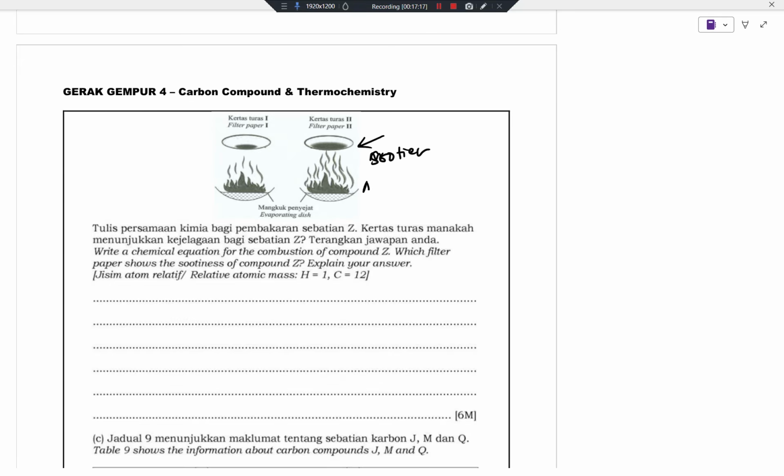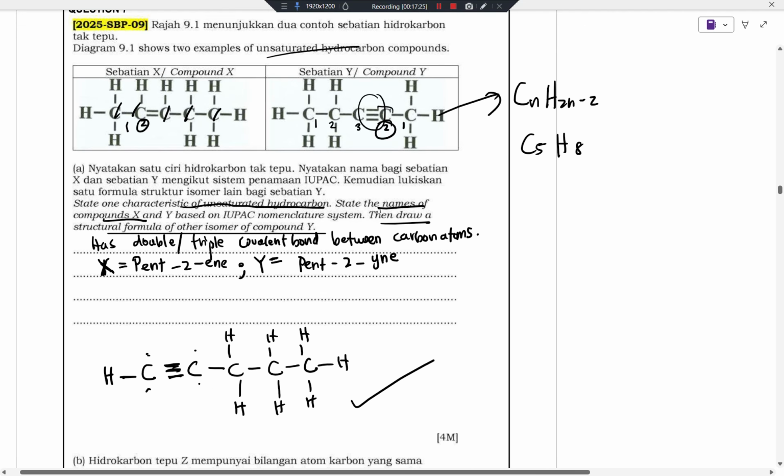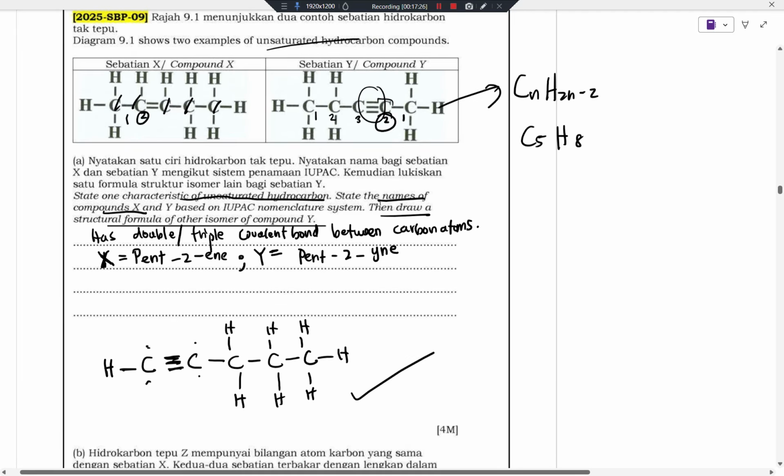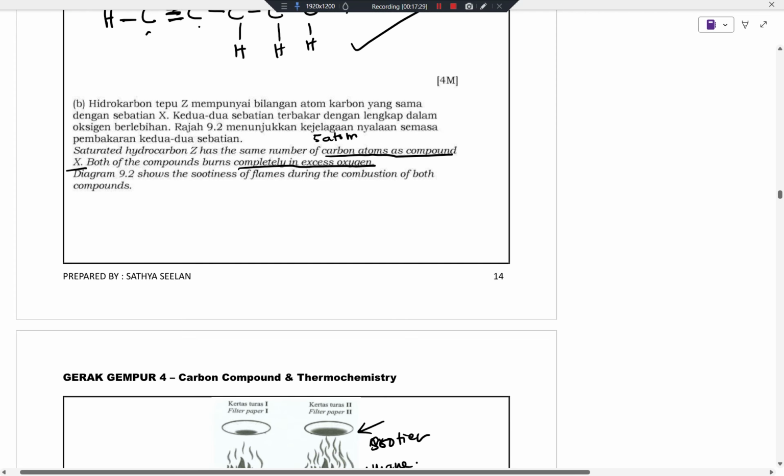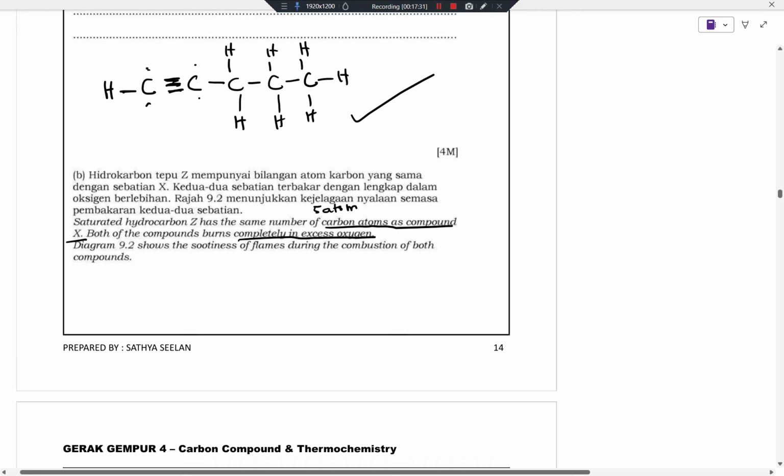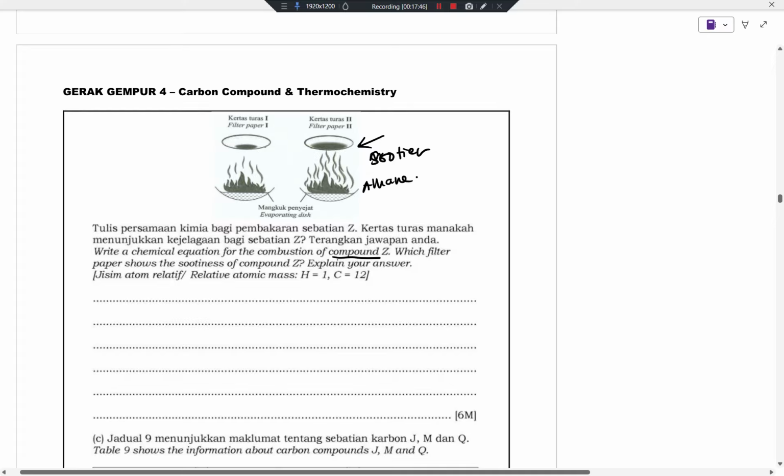So this should be alkene. Okay, right. Write a chemical equation for compound Z. Okay, wait. Saturated hydrocarbon, they have said. So confirm it is alkane. So if there are 5 atoms, it is pentane. I need to read twice, then I can get the idea. Saturated, so they are talking about pentane. Hydrocarbon Z is nothing but pentane.